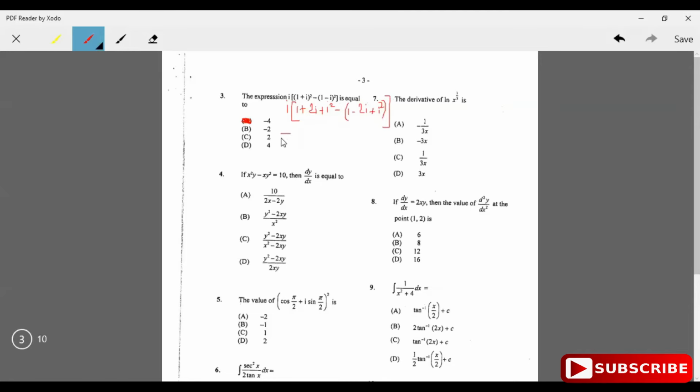So in the bracket, 1 minus 1 cancels, 2i minus (minus 2i) is 4i, and i squared minus i squared is 0. And so we get i times 4i, which is 4i squared. But i squared is negative 1, and so we get negative 4.